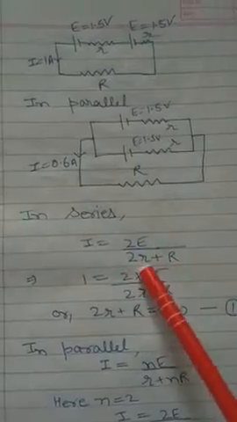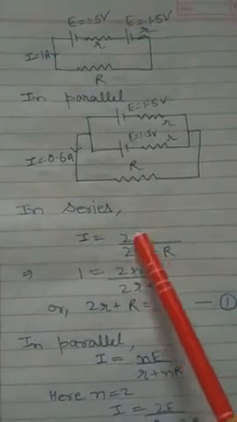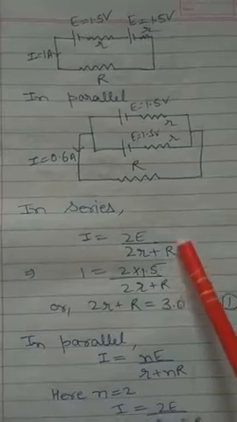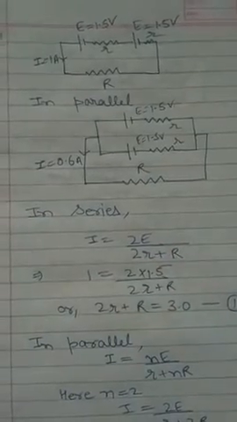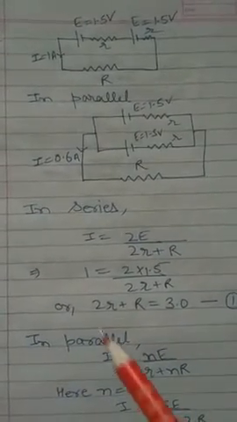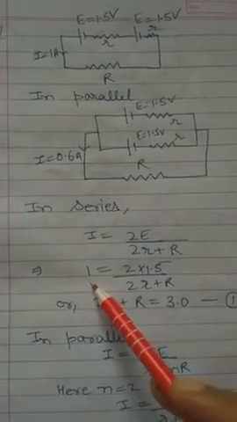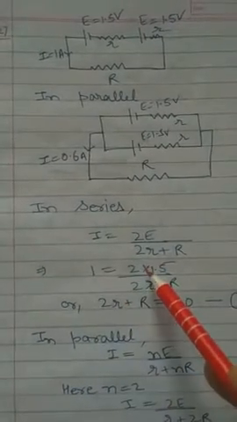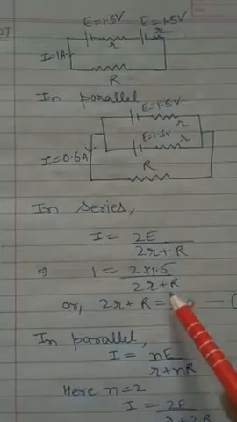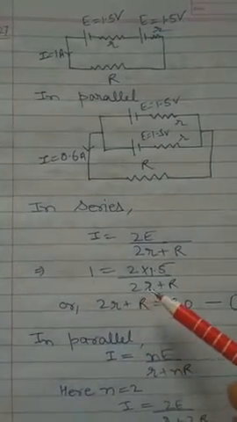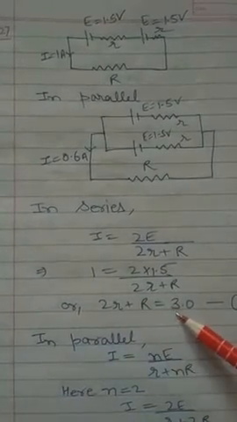In series combination the current I is equal to nE upon nr plus R, where small r is the internal resistance and capital R is the external resistance. Here I is 1 ampere when connected in series, E is 1.5, and the r of both cells is the same. So 2r plus R will be equal to 3.